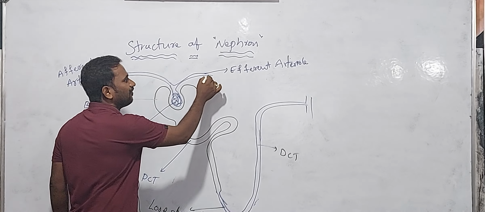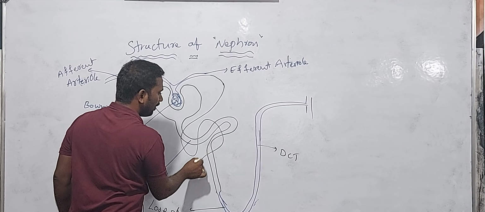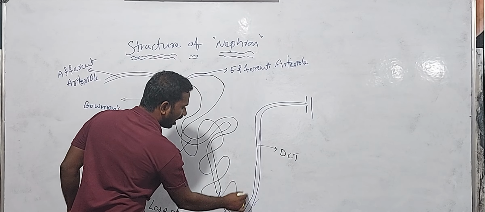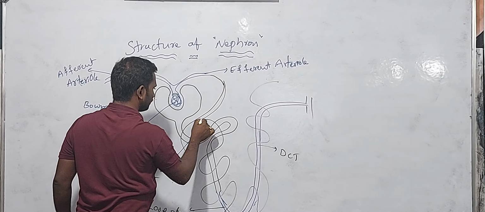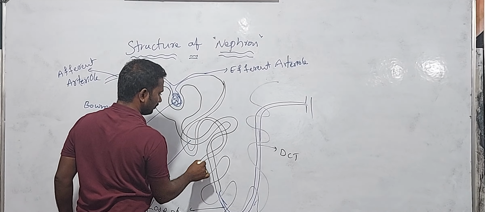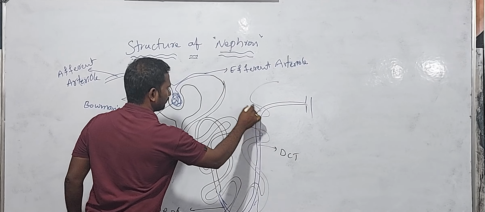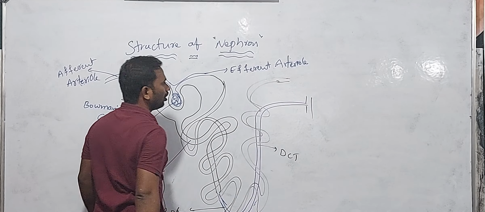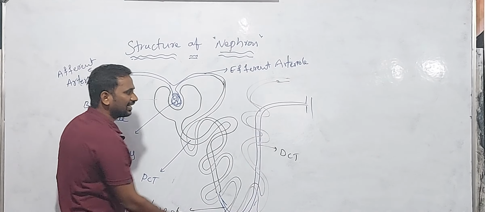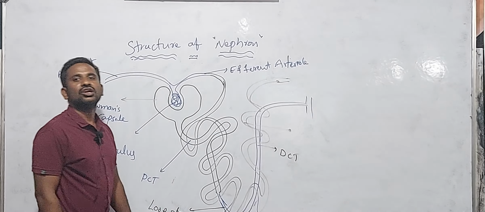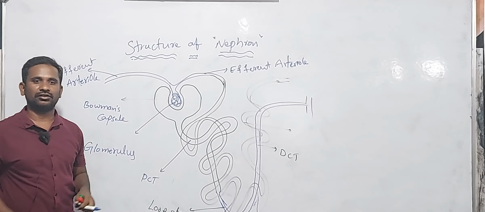And this efferent arteriole can form a blood capillary network around the tubular part of the renal tubule of the nephron.